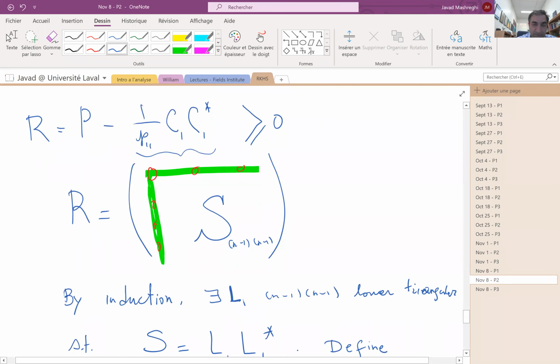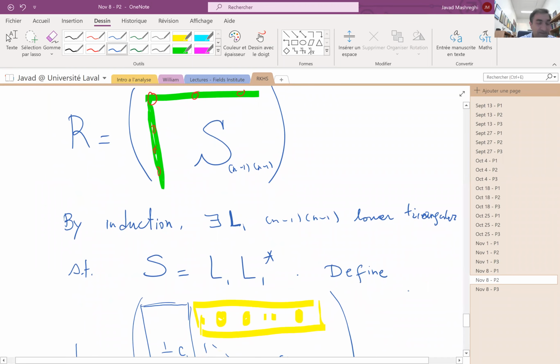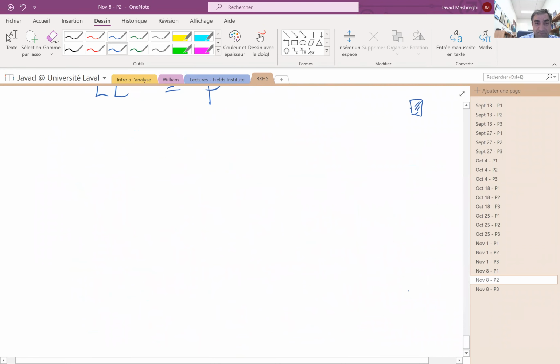Then we obtain a matrix which is positive, but a column and a row are equal to 0. So we can do the same for the rest, column 2, column 3, up to the end. And this gives us an algorithm to decompose a positive definite matrix.